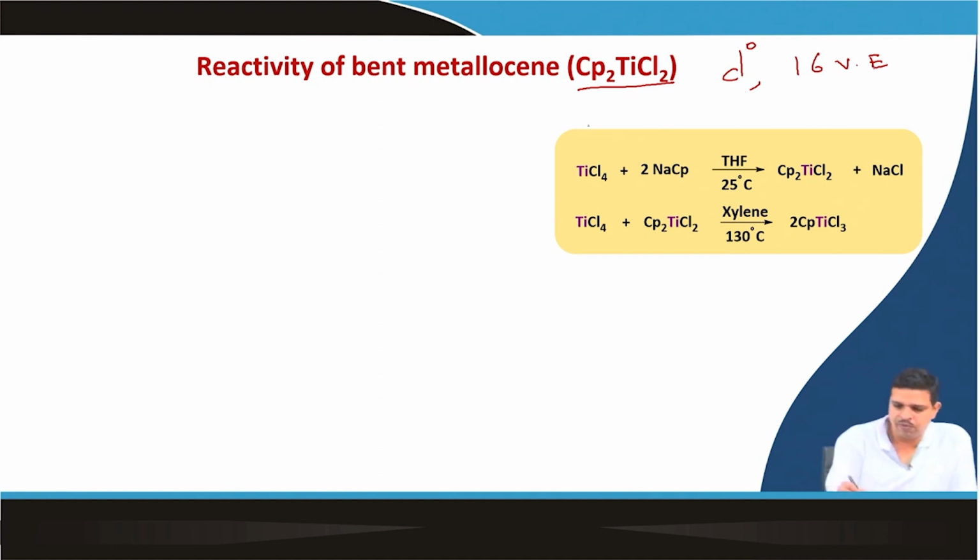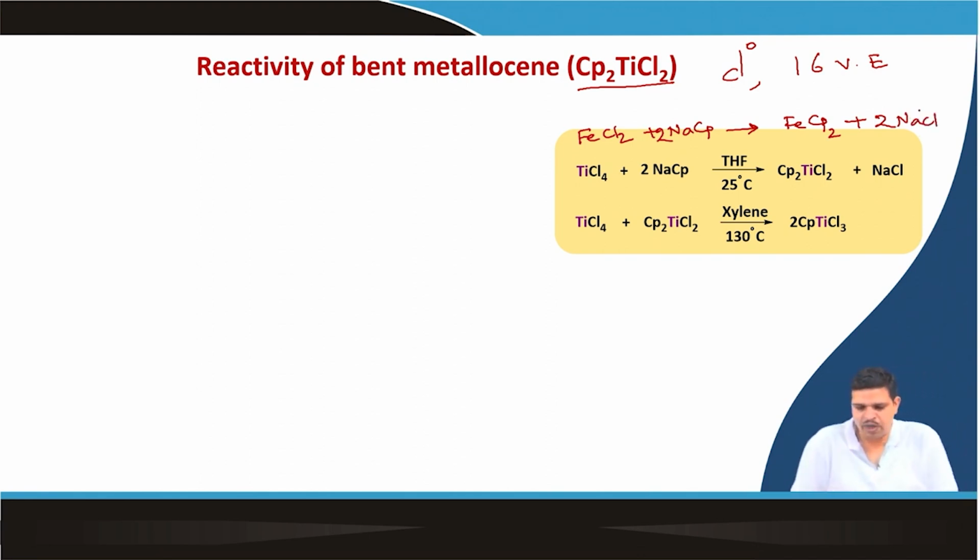If you take the ferrous chloride and the sodium Cp, very easily you can get the Cp2Fe and you get 2 sodium chloride. Similarly you can synthesize from titanium chloride and 2 equivalents of sodium Cp, and you get your Cp2TiCl2 bent metallocene where 2 titanium chloride bonds are there.